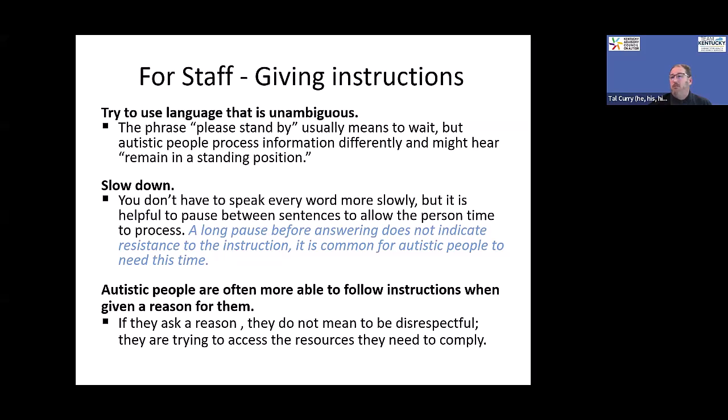Autistic people are often more able to follow instructions when they're given a reason. If they ask for a reason, they do not mean to be disrespectful. They are often trying to access the resources they need to comply. I have seen autistics know school or facility policies better than most staff because they've memorized the rules. That can become very stressful for staff, who realize they've read the student handbooks and memorized them word for word.